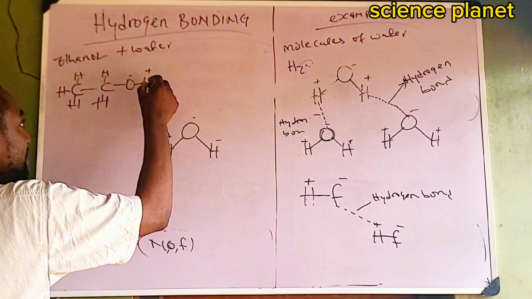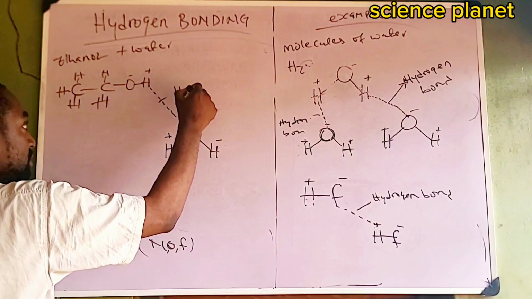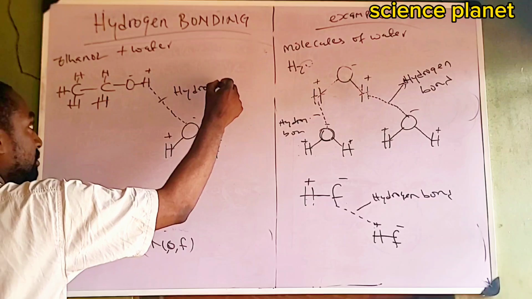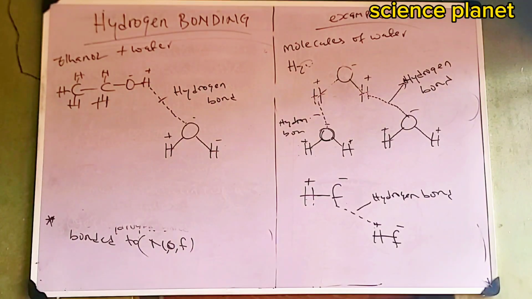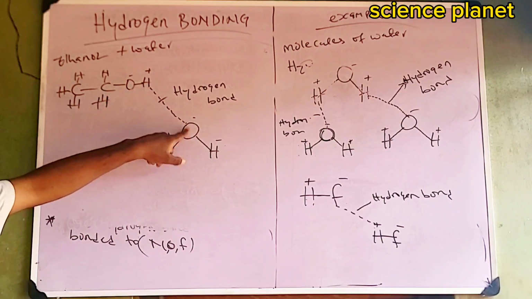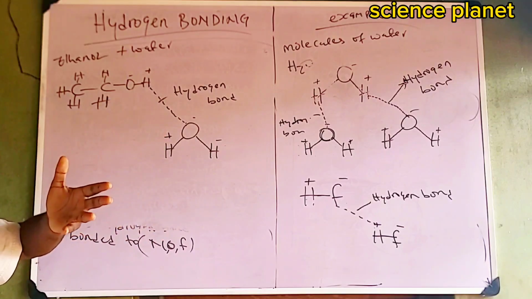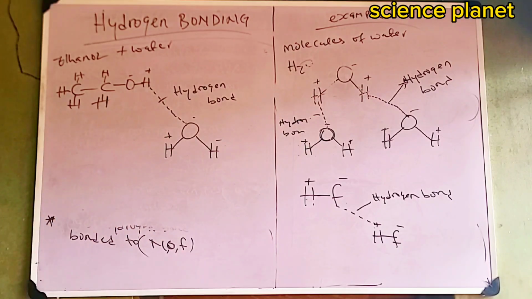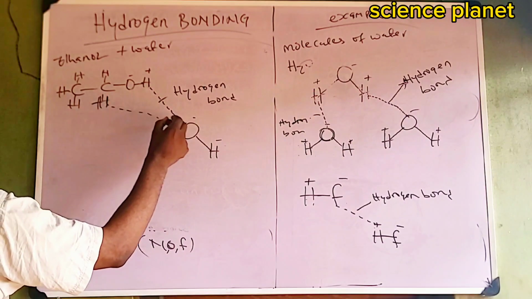Now, let's look at this. You see, this hydrogen coming to oxygen is a hydrogen bond. It obeys all the rules of hydrogen bond because the hydrogen is bonded to NOF. This one is bonded to oxygen. It's between two molecules. And there's hydrogen, so it obeys all the rules. Now, one person might want to say, hey, there's hydrogen here, and this hydrogen is attracted here.